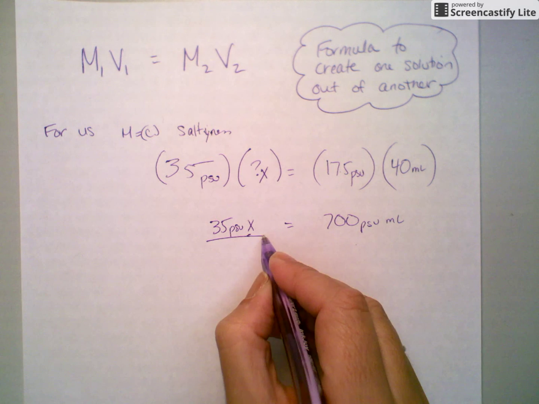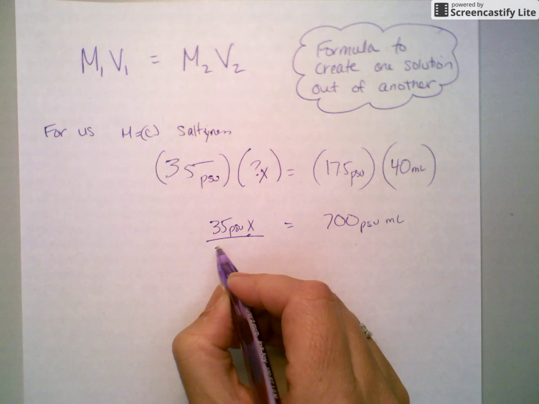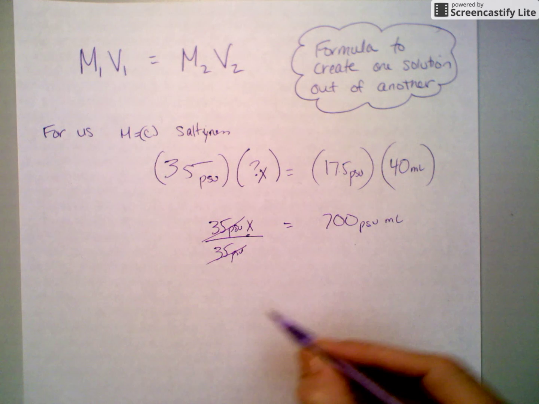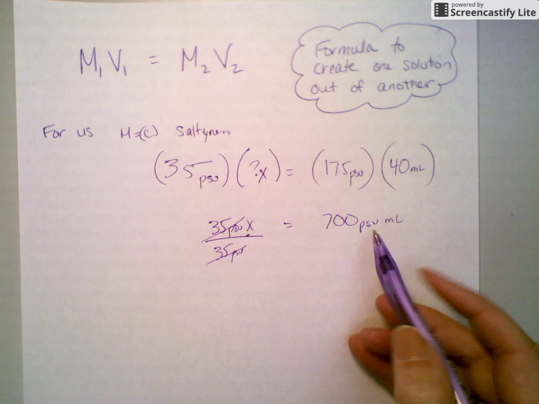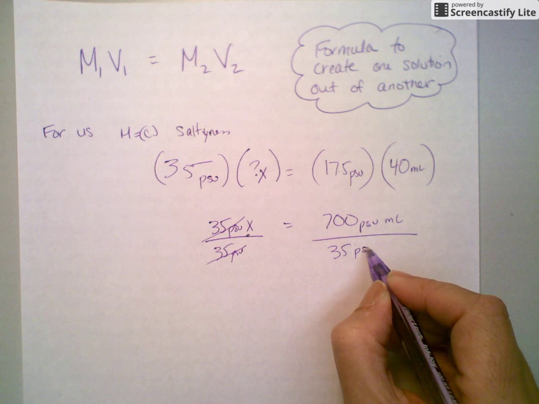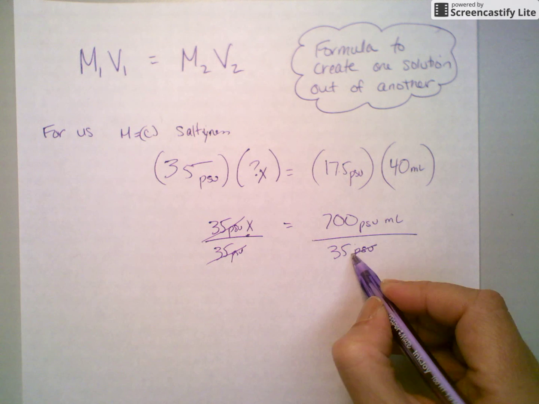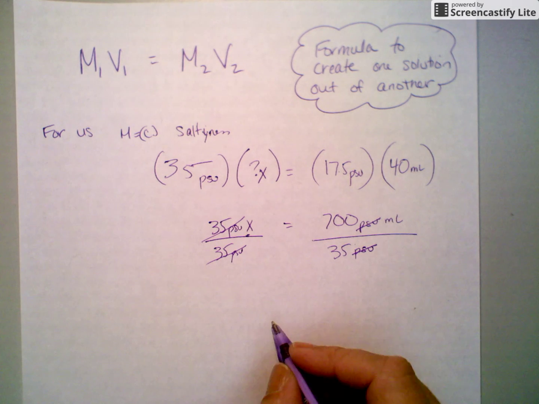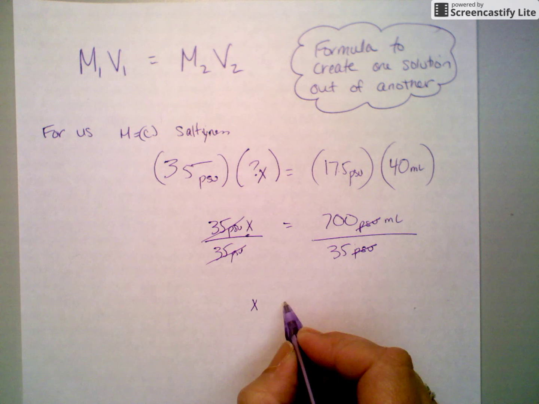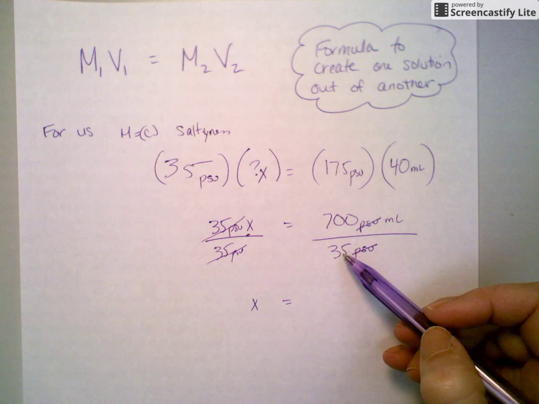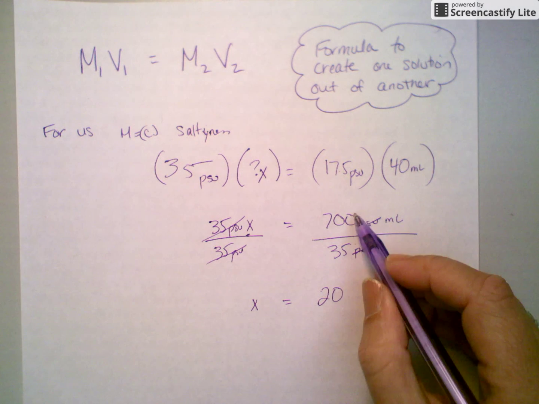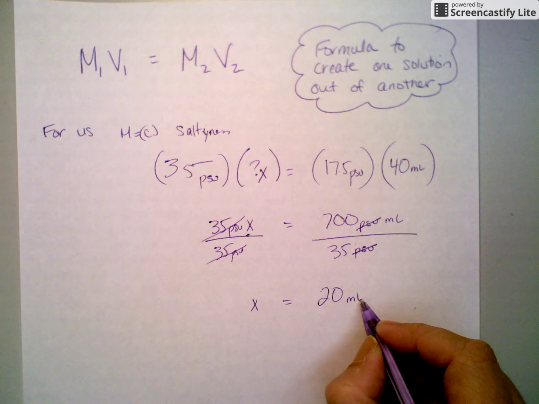So let's divide this section by 35 PSU. We got to do the same thing on the left side as on the right-hand side. And we can get rid of the units because they cancel out. So we'll end up with X equals, and if you take 700 and divide it by 35, you end up with 20. And then the only units that are left are mLs, so that's 20 milliliters.